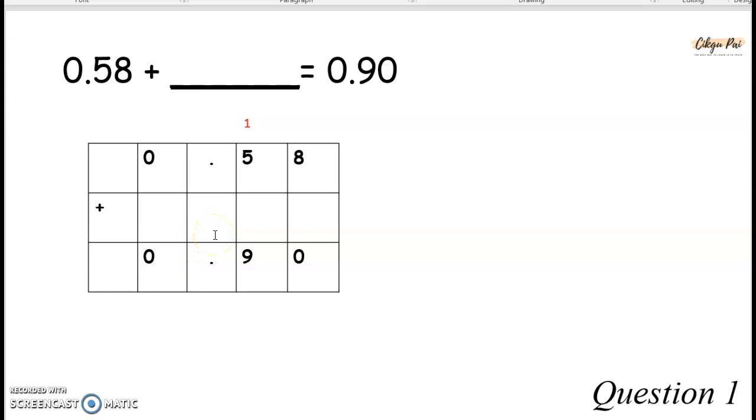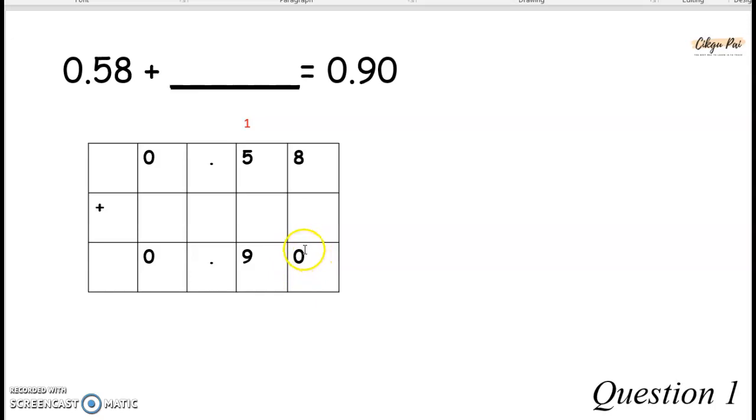Now we will try to solve from the place value ones. Kita mula daripada tempat sum. Here you have to look at the number, that means the total, the answer.